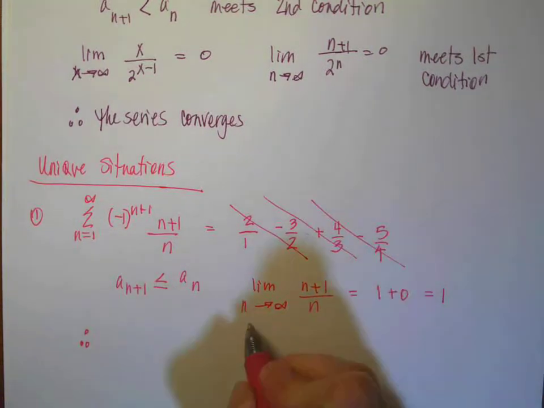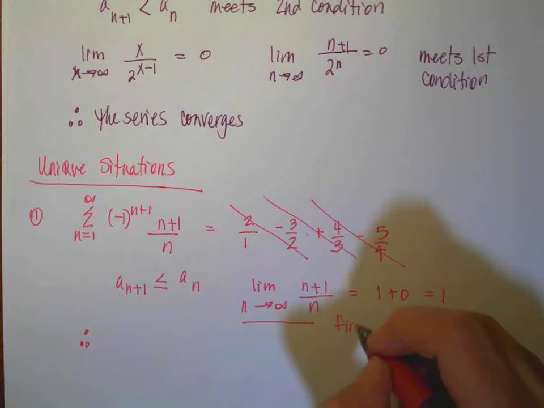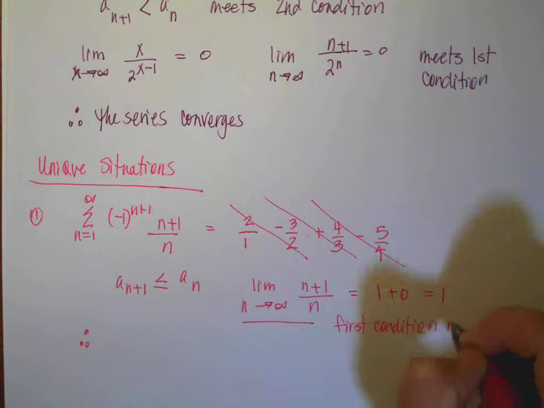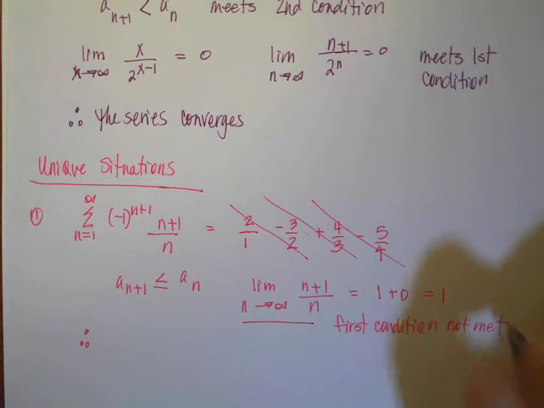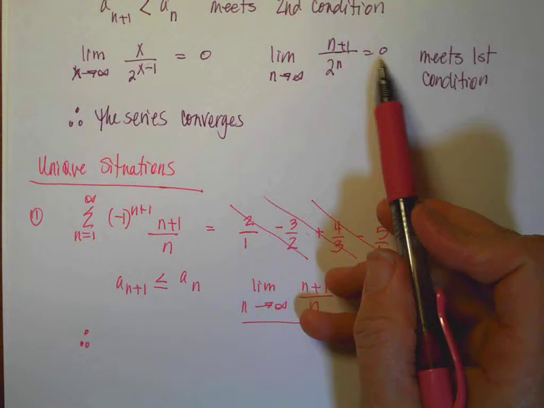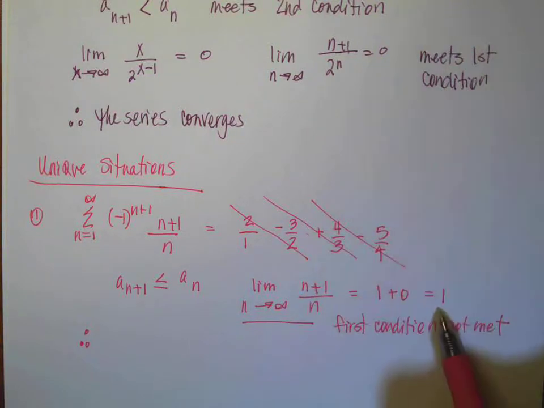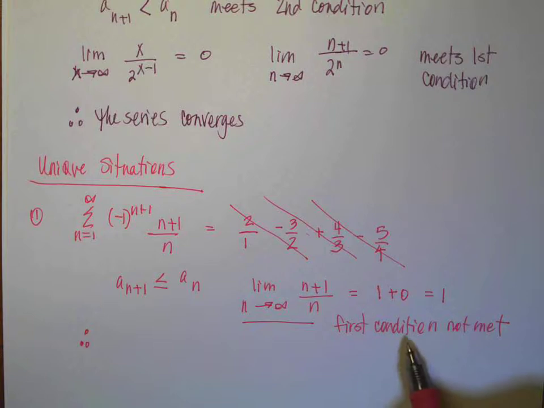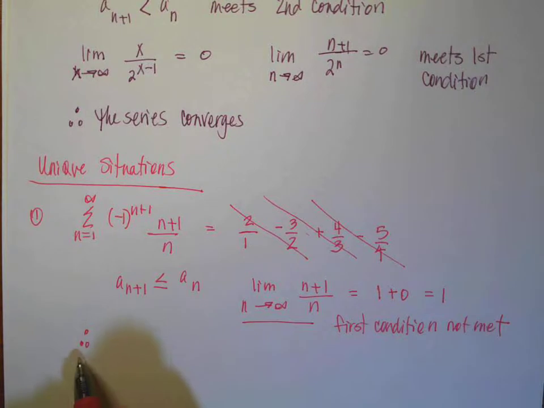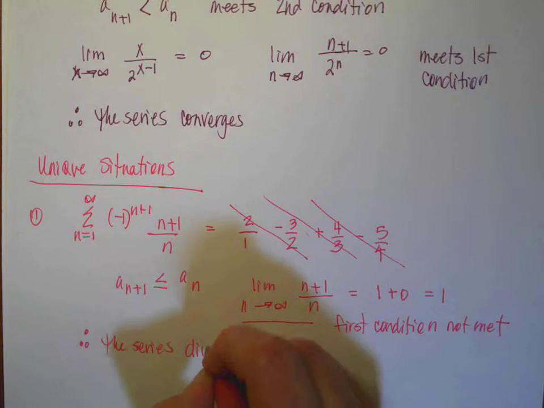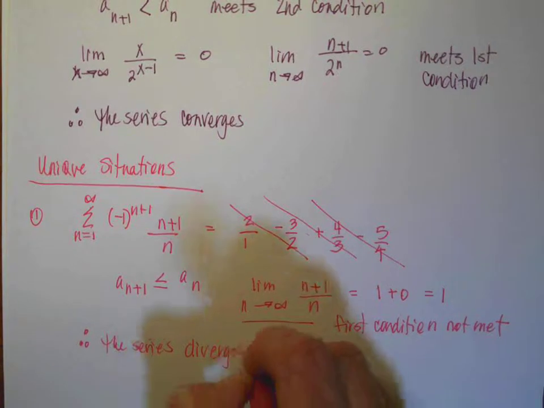Therefore, since this doesn't work, I'm just going to write first condition not met. And just so you can talk back to me, the first condition was that the limit had to be 0, but in this one our limit is not 0. Therefore the first condition was not met, therefore, and remember again, we should probably take the time to write out the words, therefore the series diverges.